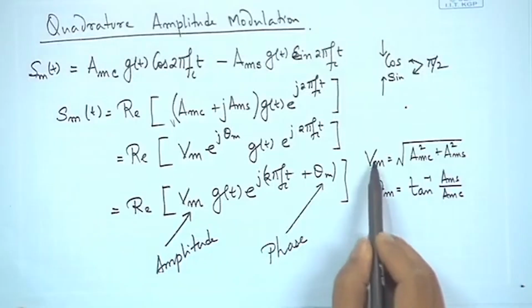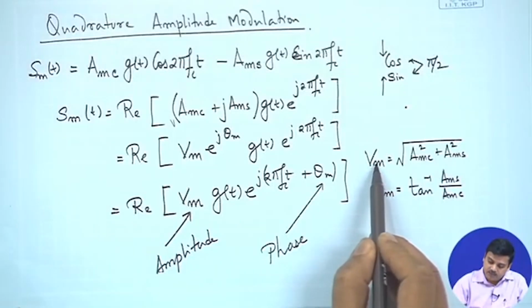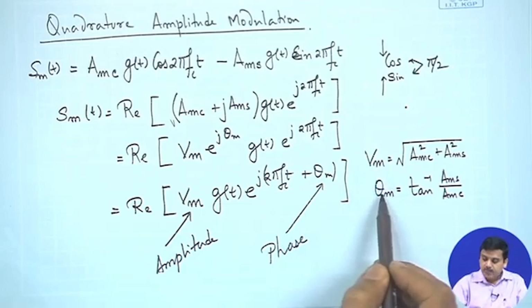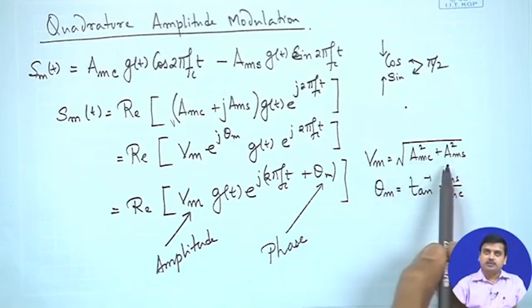Whereas here you have two things to select, that means amplitude and phase, or two different amplitudes. So these are the two different views of quadrature amplitude modulation that are usually available. We will take one of the views first and then we will look at the other view after a while.